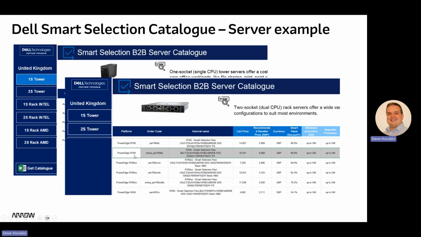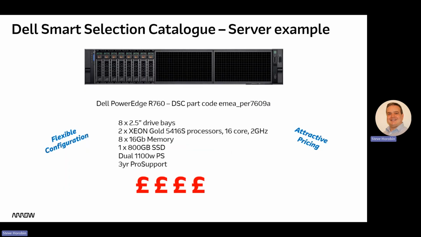For example, the R760, probably one of the most popular servers that we sell, is available in a set configuration with a certain number of drive bays and memory, power supplies and adapters. And that looks like the best fit for my clients as an example. So I'm going to take that forward and have a look at it in a bit more detail.